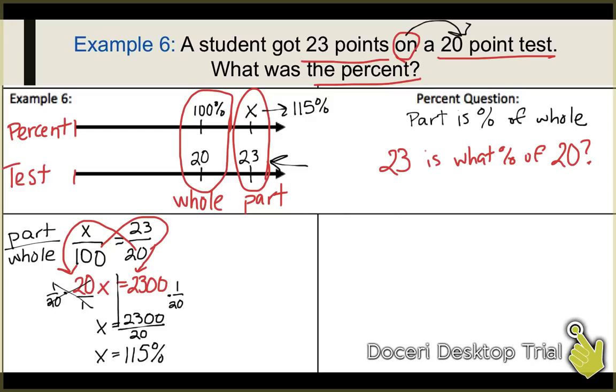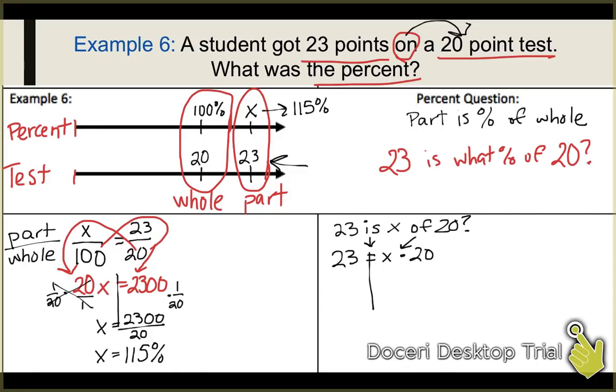Let's use our percent equation. We have 23 is x of 20. So 23 equals x times 20. We're going to draw our line down the equal sign.